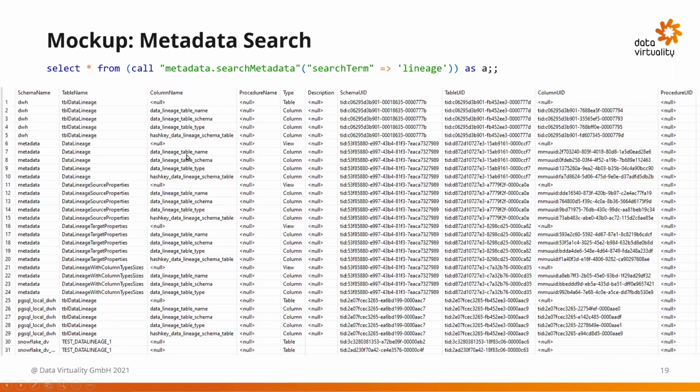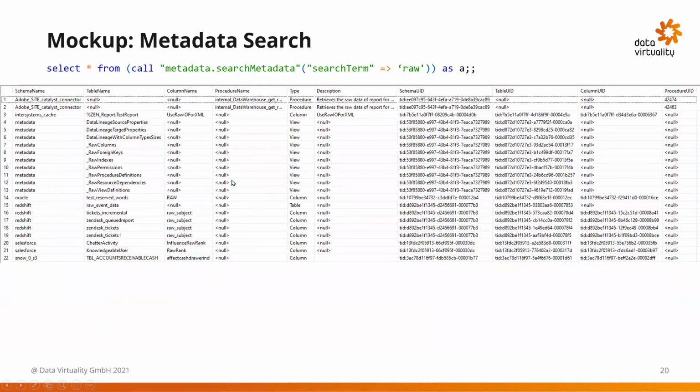And if we find the data in any part, this is going to be what we return to the user in that screen. Also, it supports using wildcards automatically. So if you search for the term raw, it'll look for uppercase, lowercase, and any part where it appears, whether it's at the beginning or in the middle of the name or description.